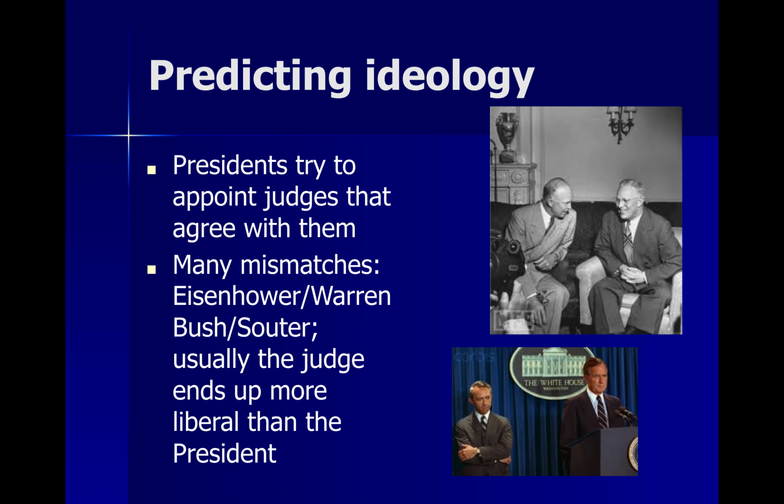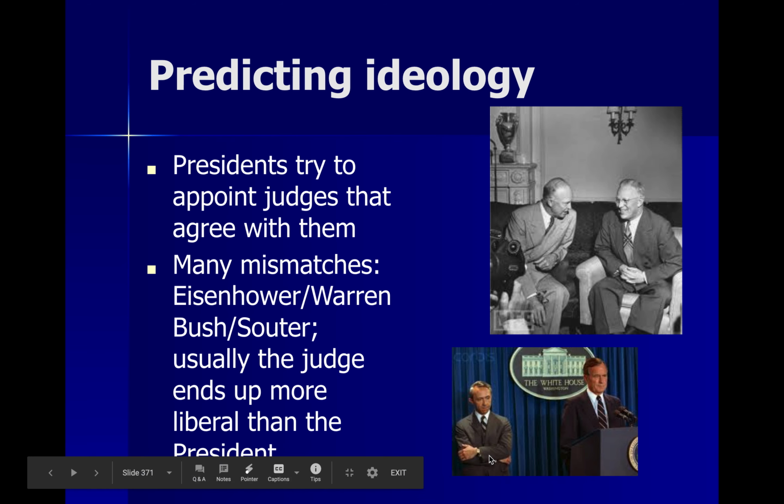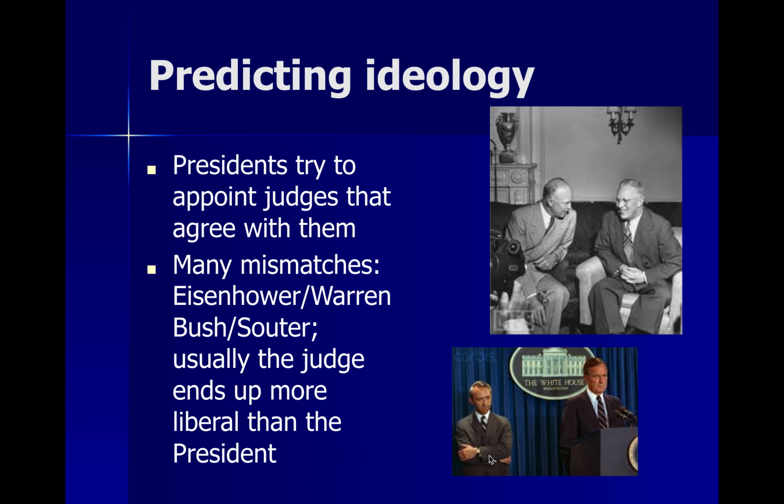But several times the judge ends up being more liberal than the president thought. Most famously, Republican President Eisenhower nominated the Republican governor of California, Earl Warren, who ended up being the most liberal Chief Justice ever.